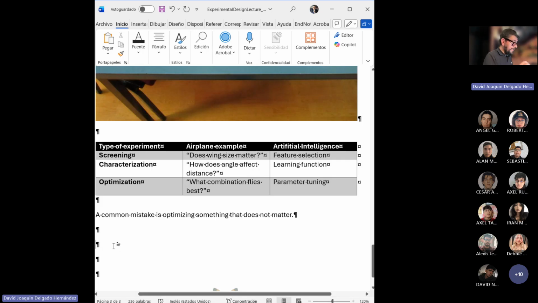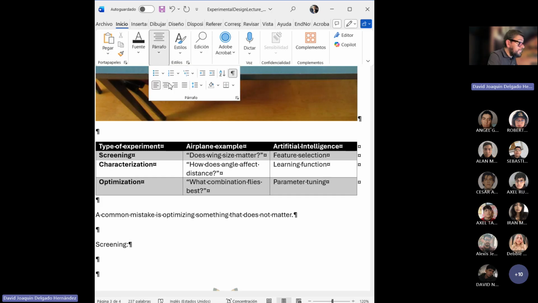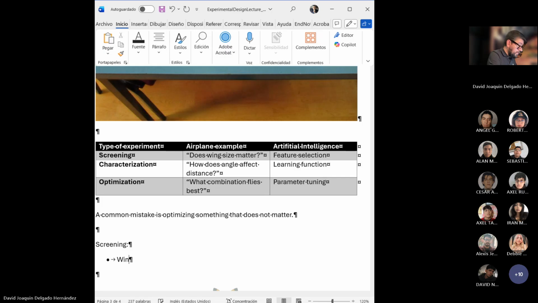Okay. So when I am in the screening stage, for instance, we have two different wing sizes. Wing size. We could have small and large.